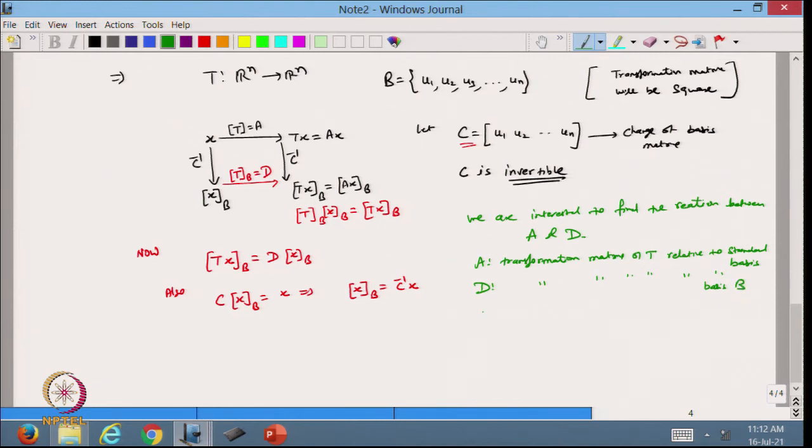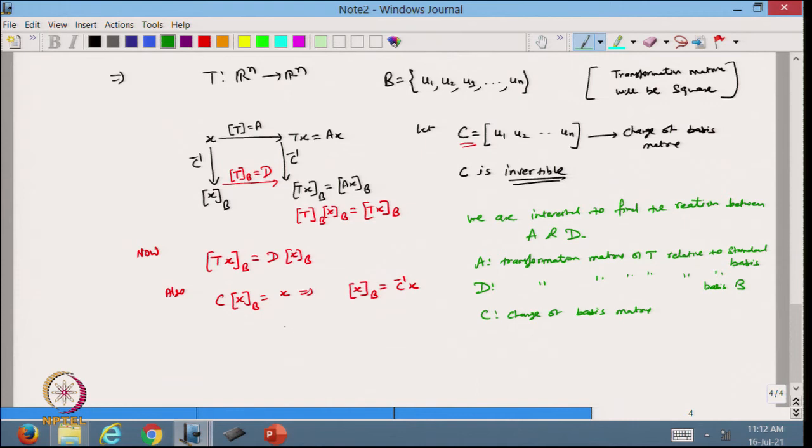And what is C? C is the change of basis matrix. So, it is a matrix made up of the basis, whatever basis is given. So, now we want to find the relation between these two.